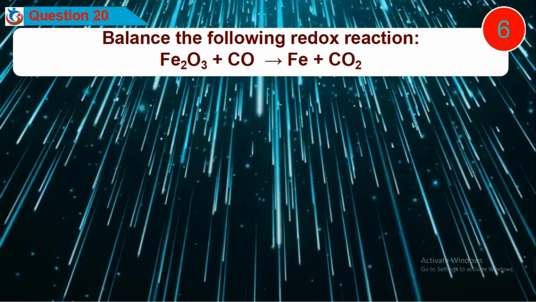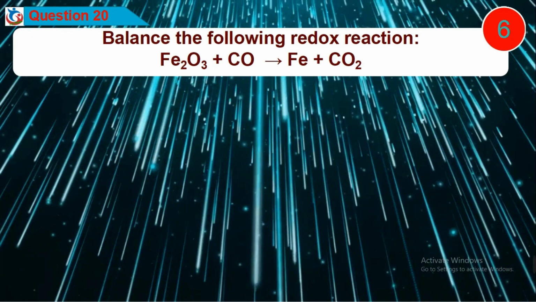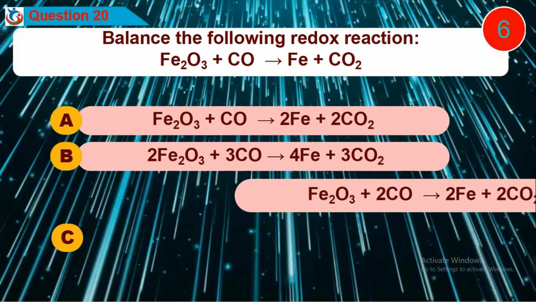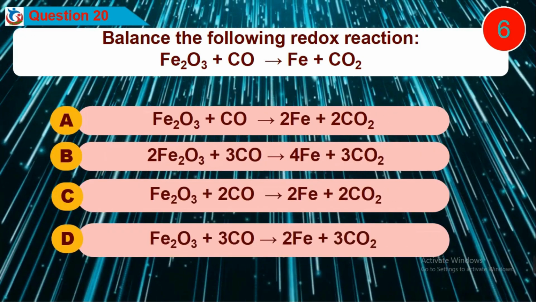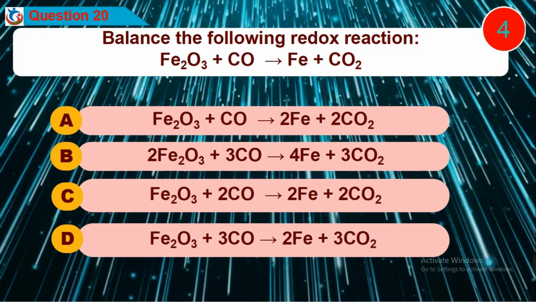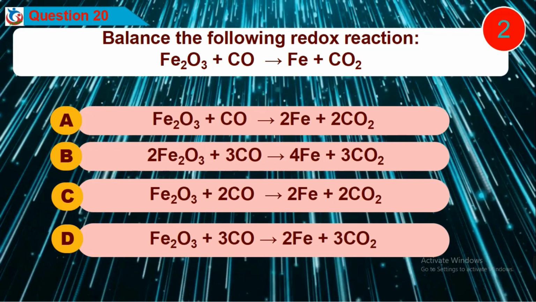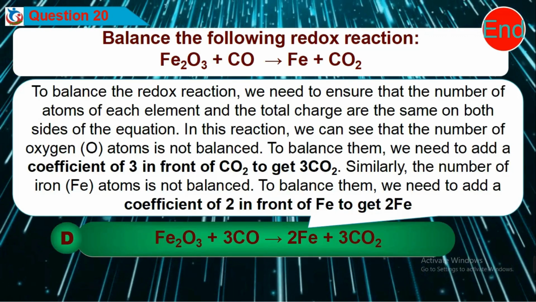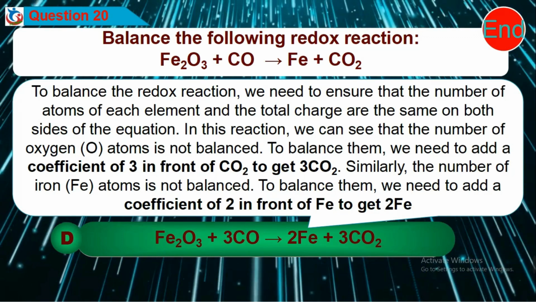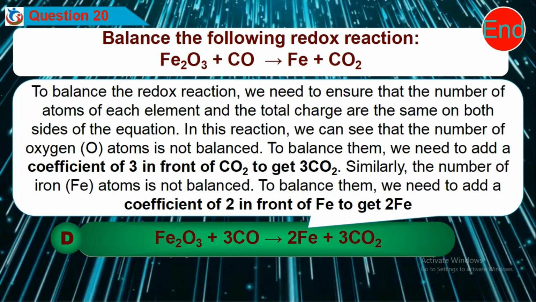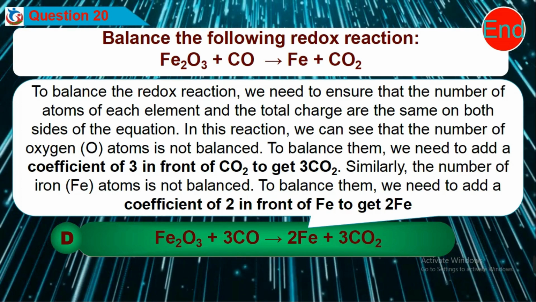Question 20. Balance the following redox reaction. Is it option A, B, C, or D? To balance the redox reaction, we need to ensure that the number of atoms of each element and the total charge are the same on both sides of the equation.